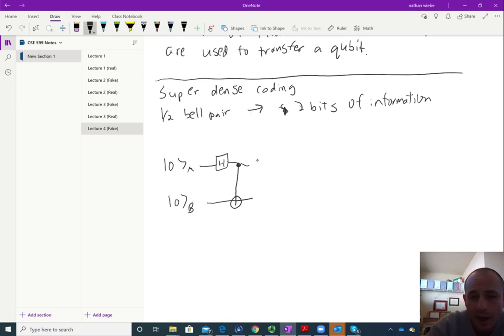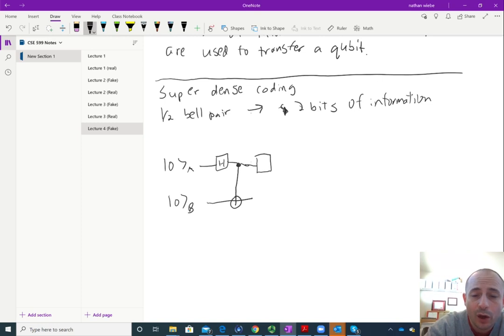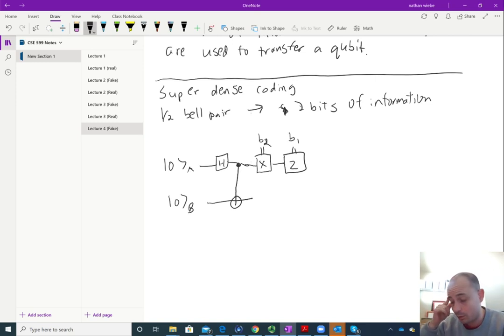Then Alice, who's trying to send 2 bits of information to Bob, encodes those bits classically by choosing to apply a NOT gate with value B2 here, and then a Z gate with value B1 there.